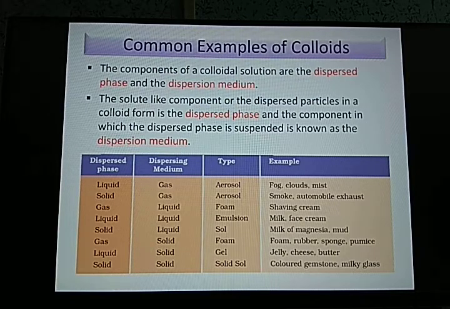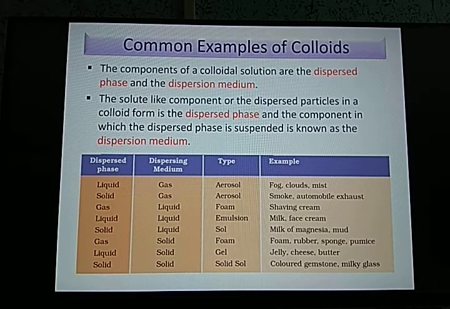Now one best example of an emulsion is paints. Paint is also a colloid, but it is made up of some chemicals. The dispersed phase, that chemical, is a liquid, and the medium in which it is mixed is also in liquid form. So that type of colloid is called an emulsion.